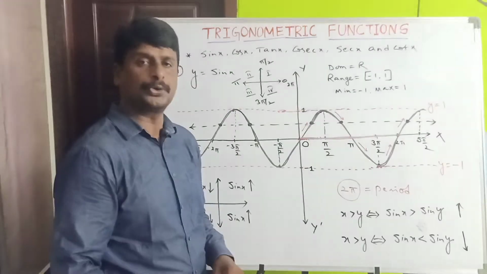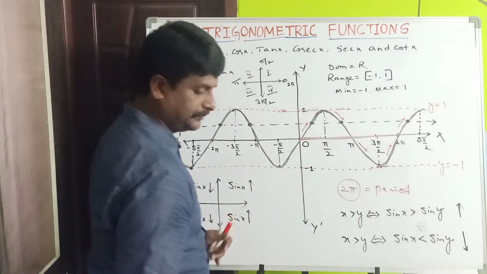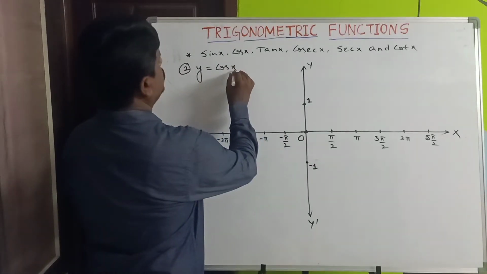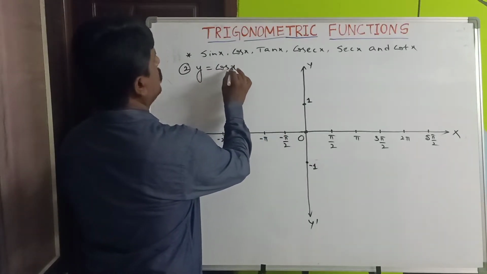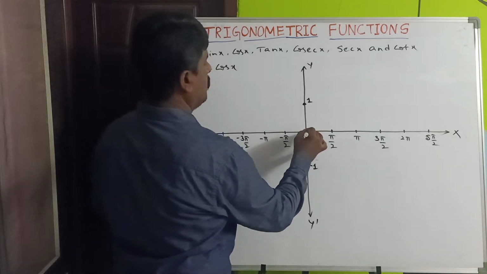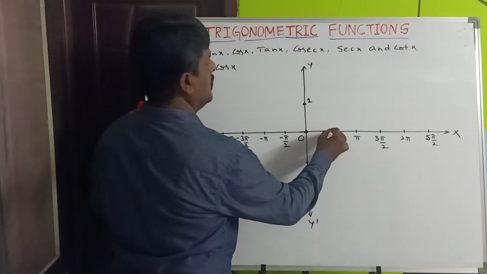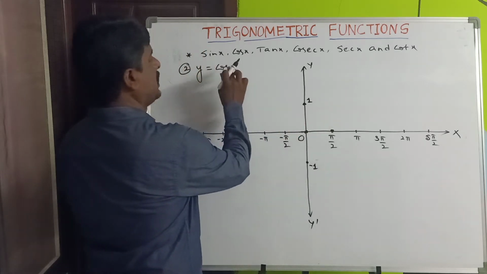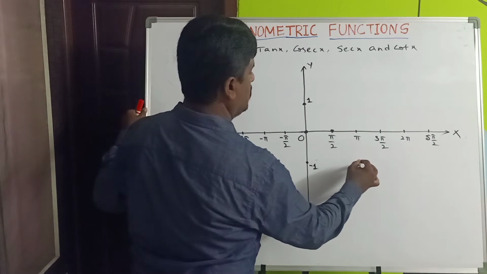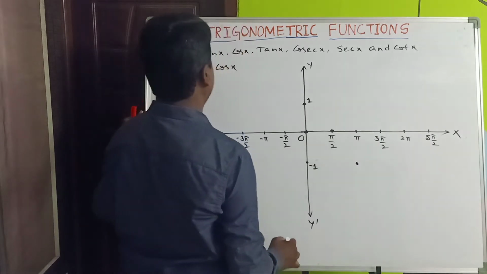Now let's go to cos x. Suppose x value 0, y equals cos 0, its output is 1. X value pi by 2, cos pi by 2 is 0. X value pi, cos pi will be -1.